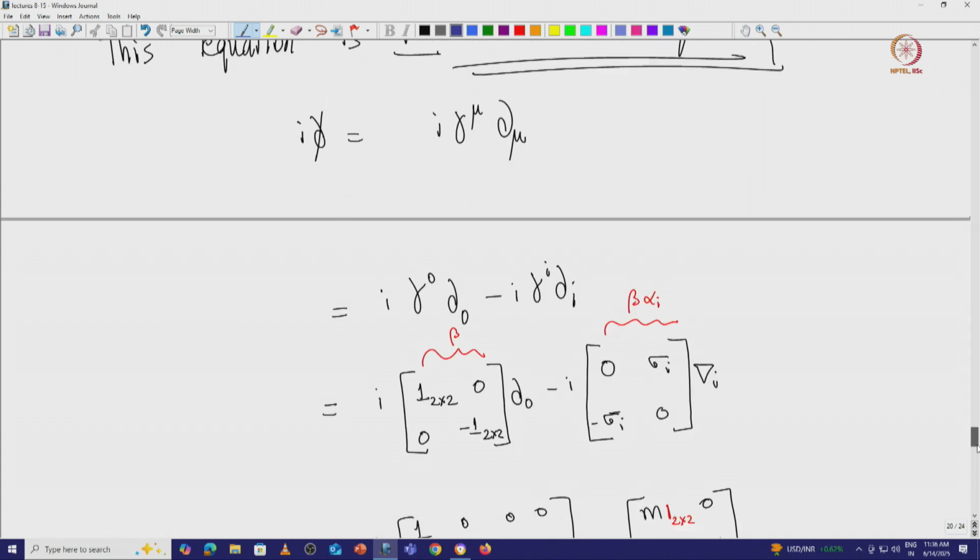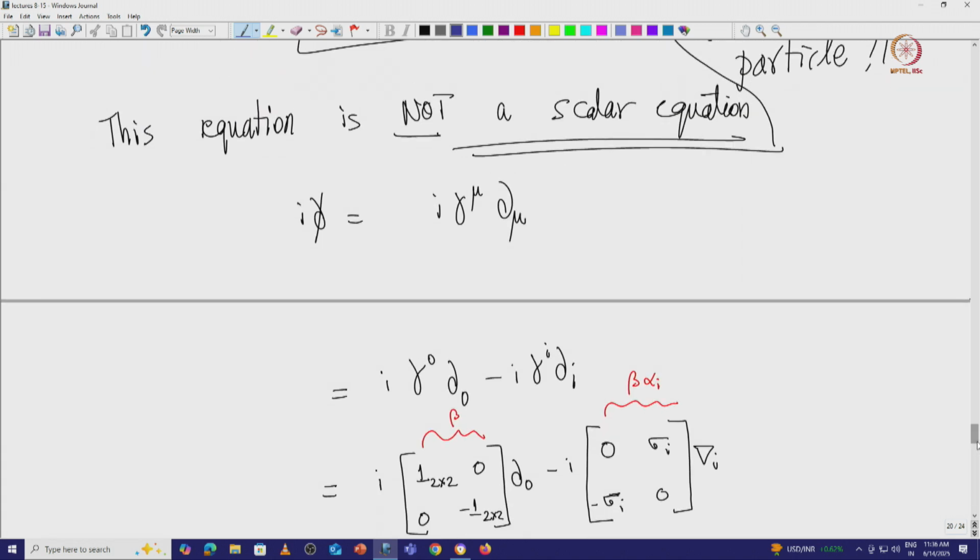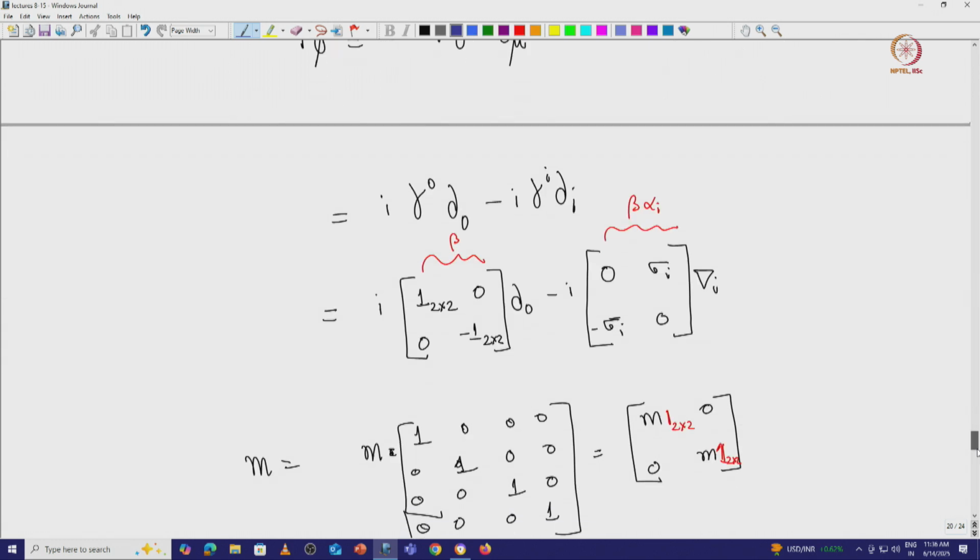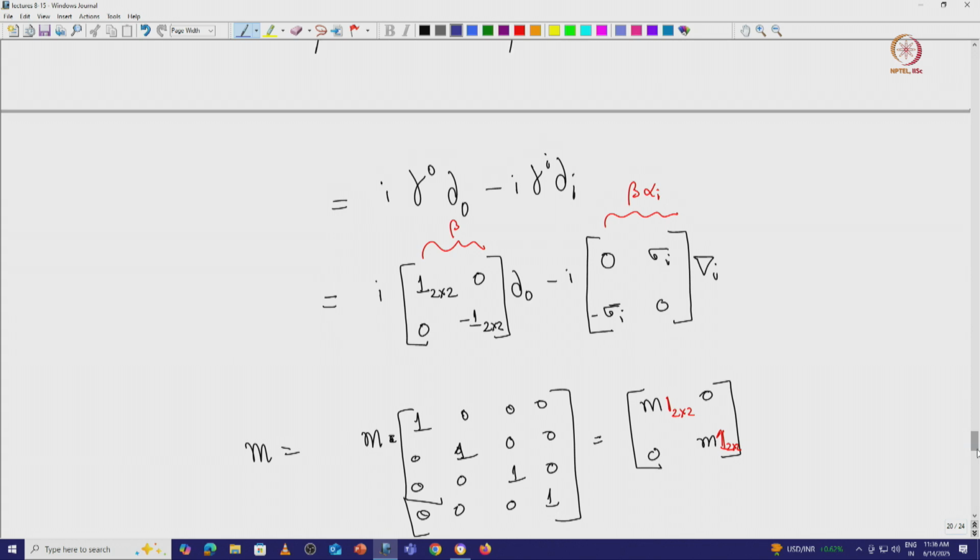Now because we can expand the left hand side like we did last time, i gamma mu del mu can be expanded in this particular fashion. So gamma 0 del 0 is nothing but beta, which has 1 for the upper 2 by 2 block and minus 1 for the lower 2 by 2 block, and beta alpha i is nothing but sigma matrices with opposite signs in the off diagonal entries.